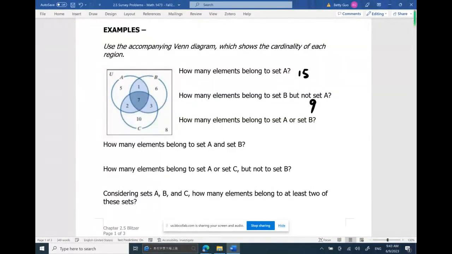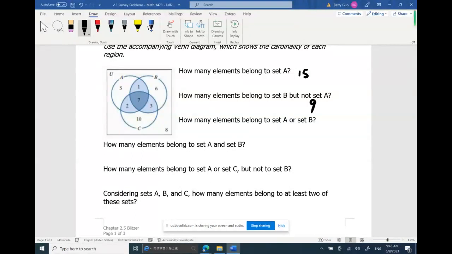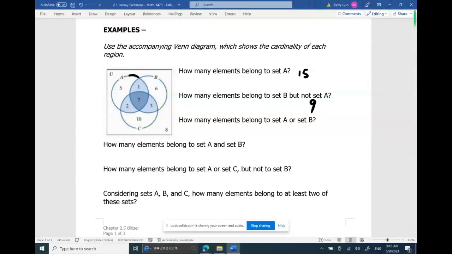Next part. How many elements belong to set A or set B? Same thing. We first find the region in the Venn diagram that represents the set that we are considering in this part. So we are considering the set A or B. This region represents A or B. Then how many elements belong to that region?